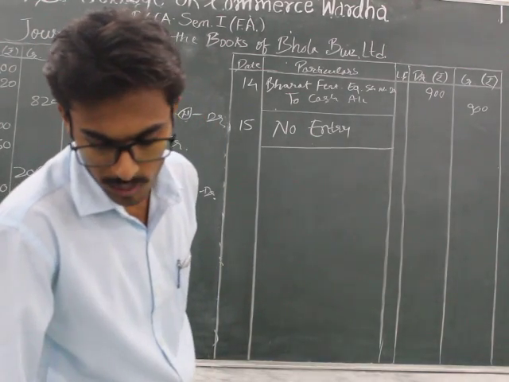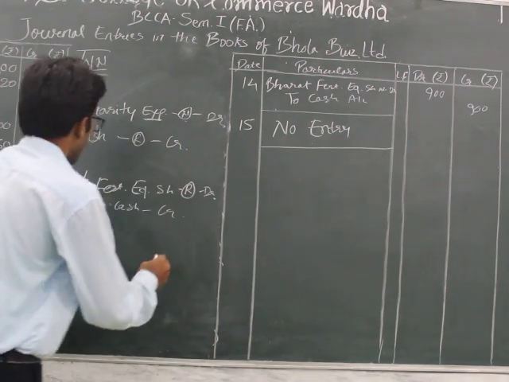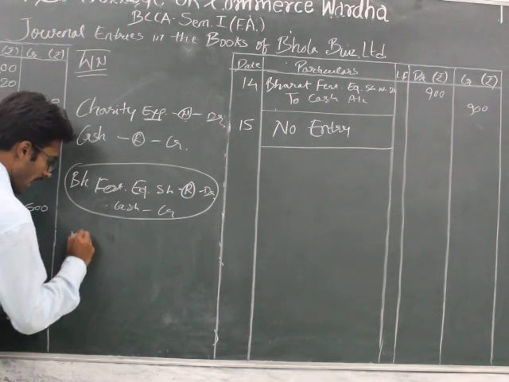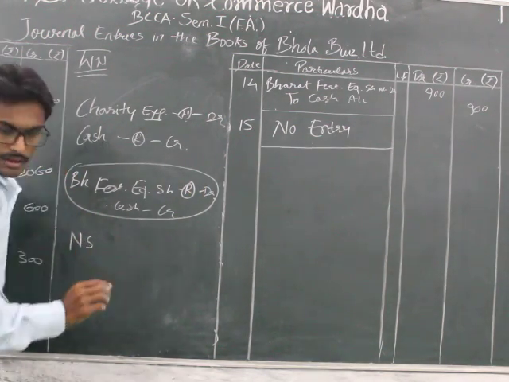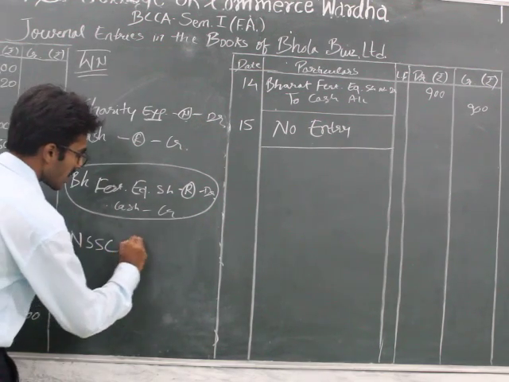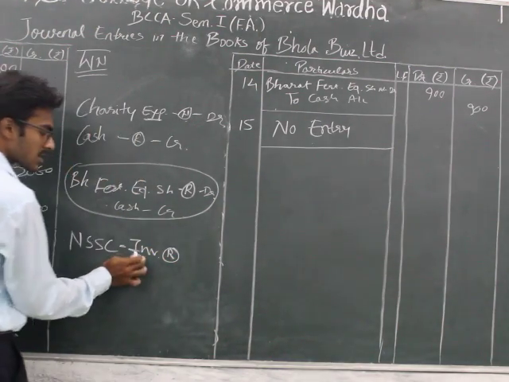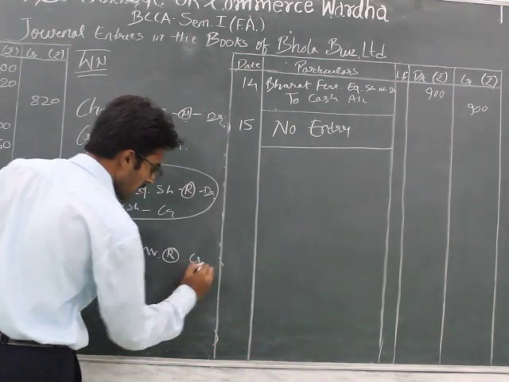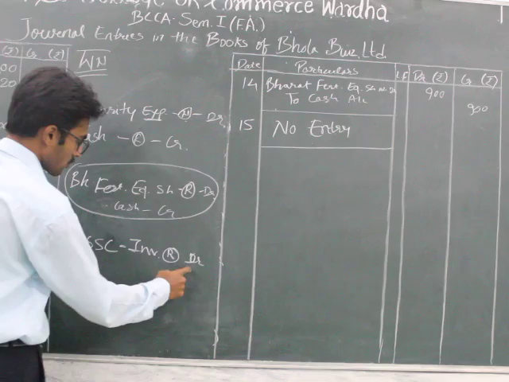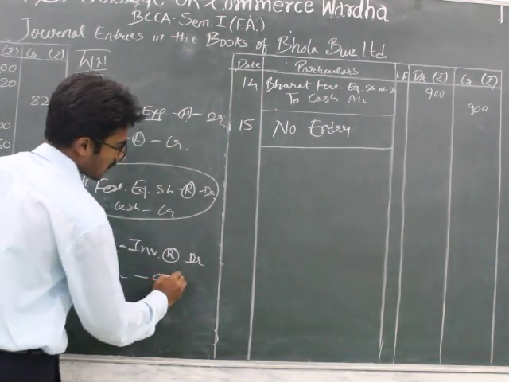16, again invested in national small savings certificate. Again exactly like this, the same logic will be applied here also. National small savings certificate. This is investment for me, and investment is a real account, and investment is coming in, so debit what comes in, the real account rule says, and we will be giving cash, that means cash will be credited.